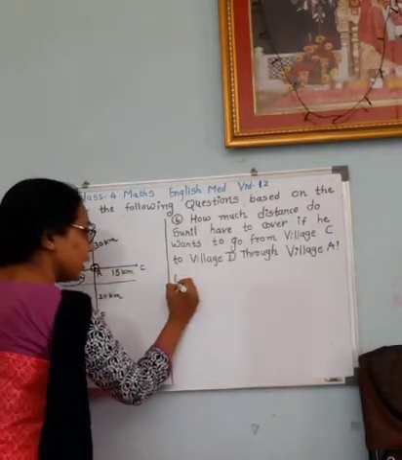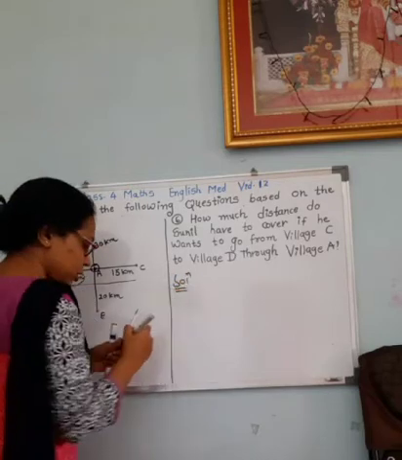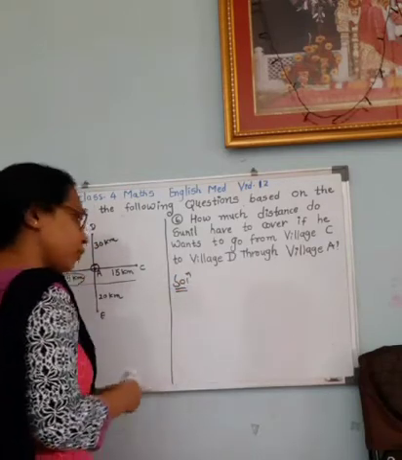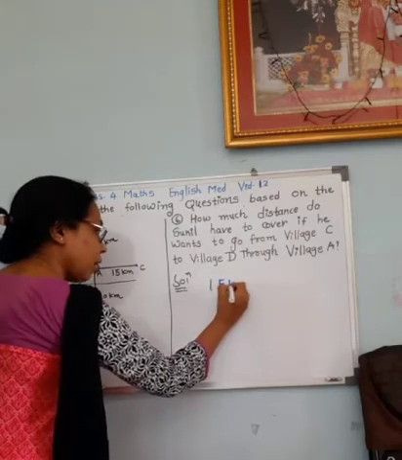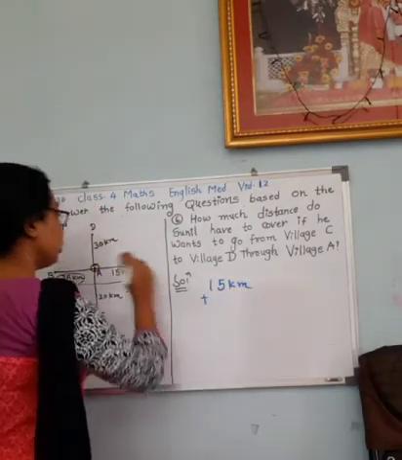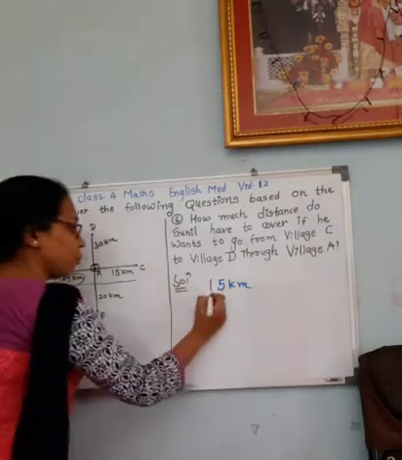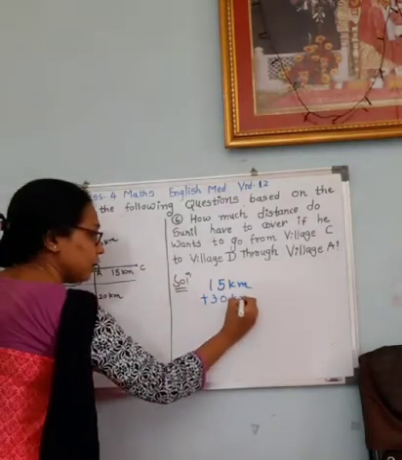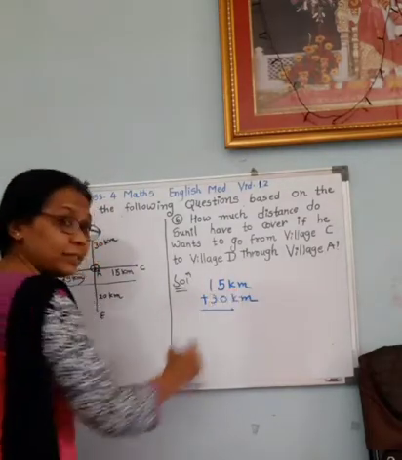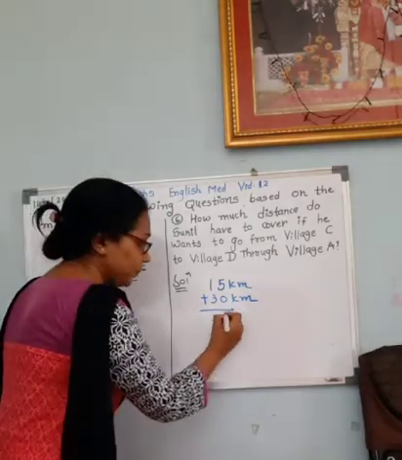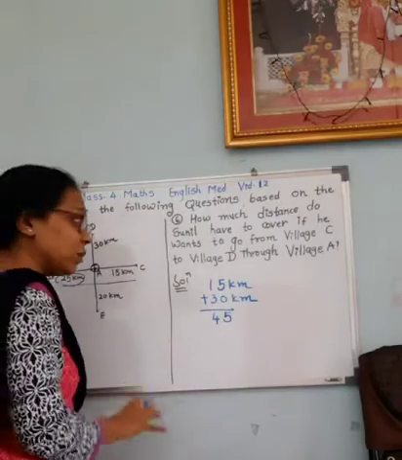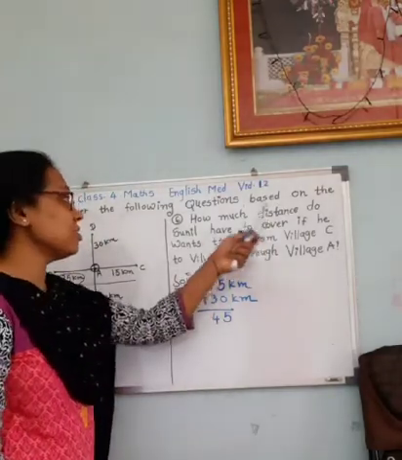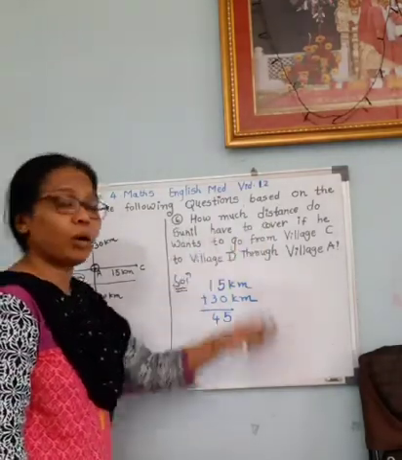C to A, this is the solution. C to A, 15 kilometer. First he has to go 15 kilometer. Then after that 30 kilometer. So 5 plus 0, 5. 3 plus 1, 4. So 45 kilometer distance Sunil has to cover.